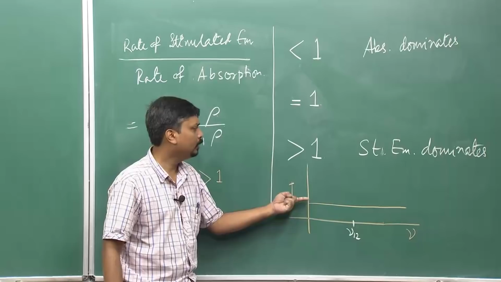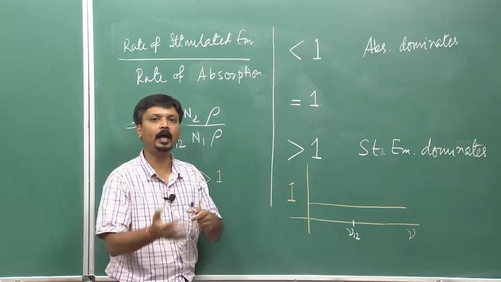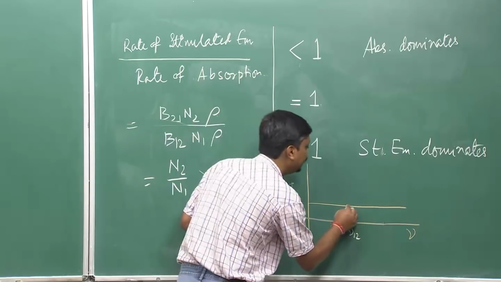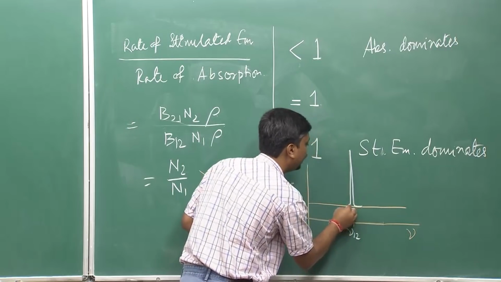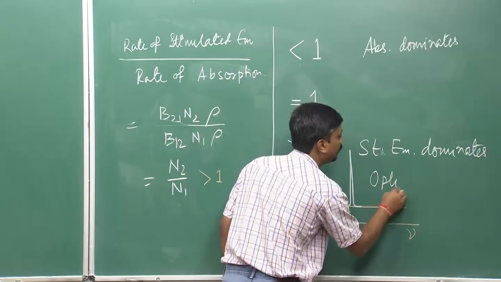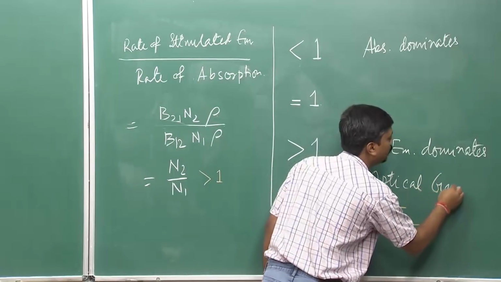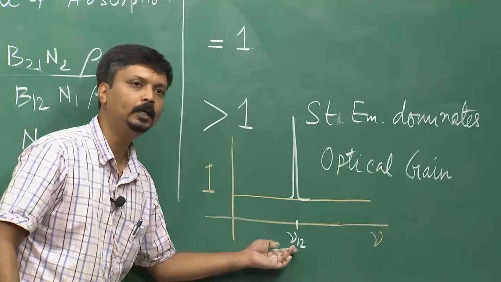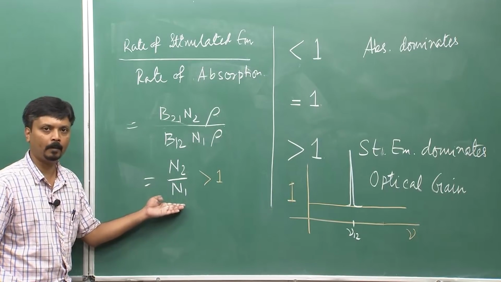If I come to this particular condition, I have much more photons than I have already used. So, at that particular frequency where I am using, I will see a net gain. This is not any other type of gain, but it is called optical gain at this particular frequency when we can achieve this condition N2 by N1.